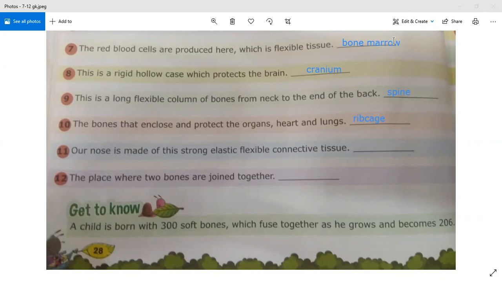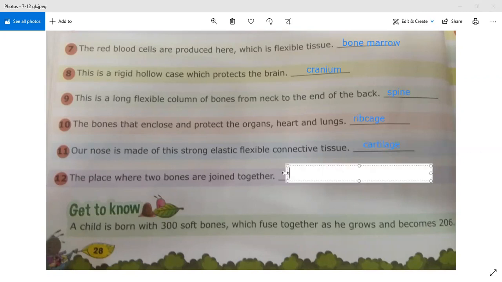It is a connective tissue. What is its name? Can you find out from the help box? Yes, its name is cartilage. C-A-R-T-I-L-A-G-E.